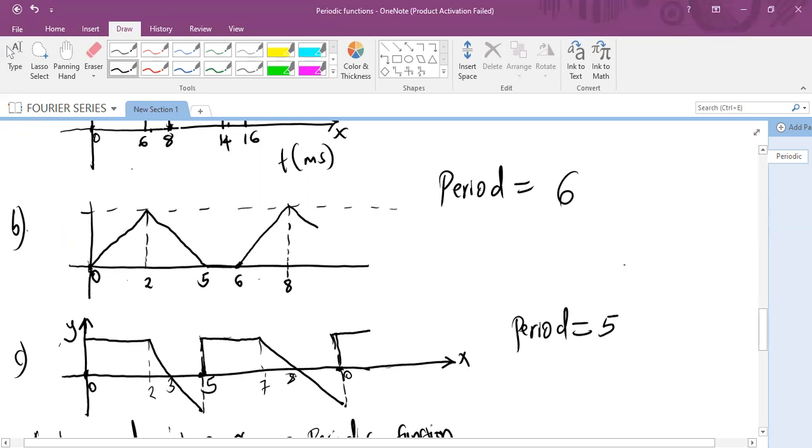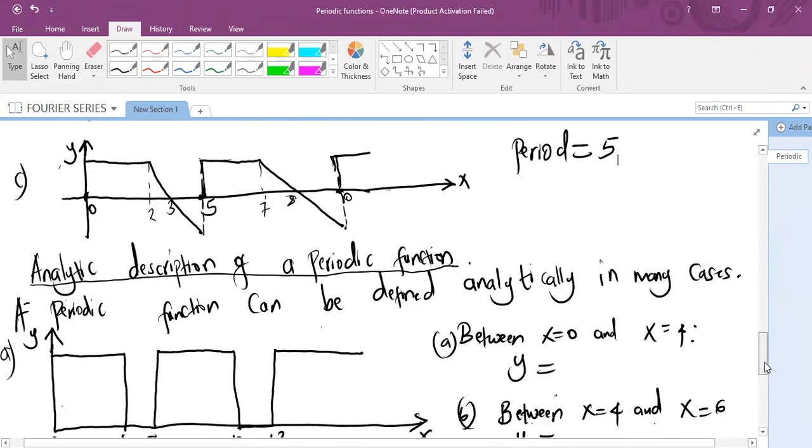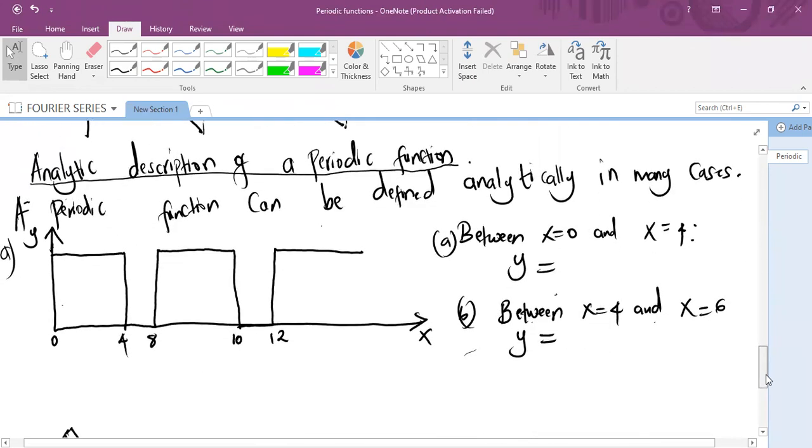Okay, so how do we go about analytically describing these functions, the analytic description of a periodic function? Let's look at this, a function which is repeating itself. Now, if you want to describe this function analytically, we can do it in so many ways. First of all, let's look at the distance from 0 to 4.